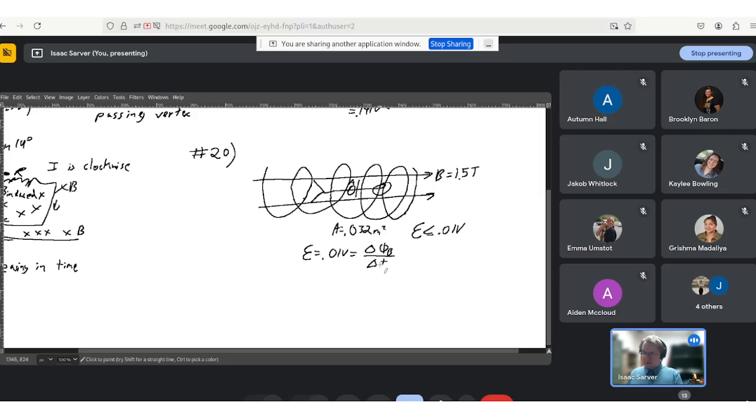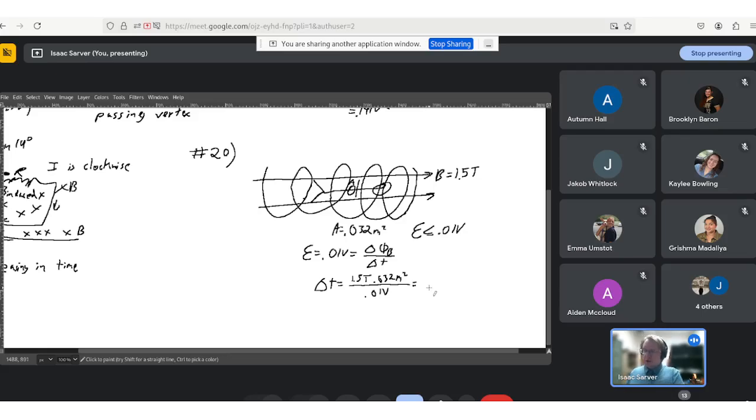This is the thing I'm looking for right here, the change in time. Change in time is equal to, well, this guy here, what's going on? He's going from whatever it is to 0. So 1.5 Tesla through the area, 0.032 square meters, divided by 0.01 volts.